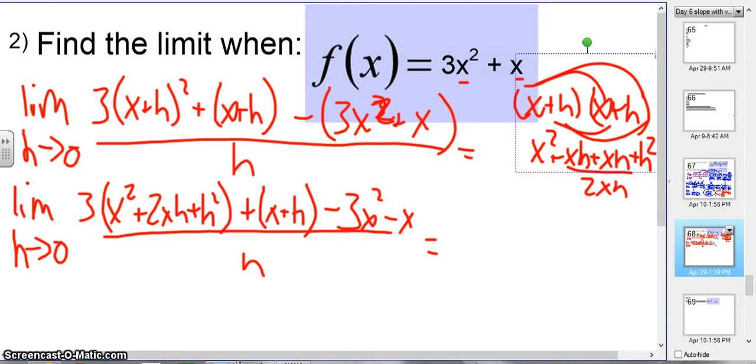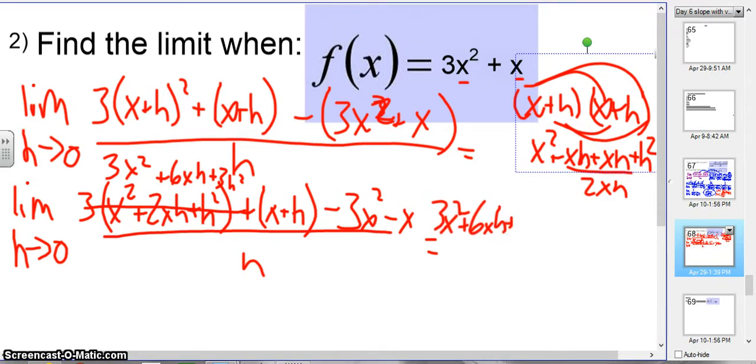Okay, so if I distribute the 3, this is 3x squared plus 6xh plus 3h squared. That's if I multiply it all out. So on top, I have 3x squared plus 6xh plus 3h squared plus x plus h minus 3x squared minus x, all over h.